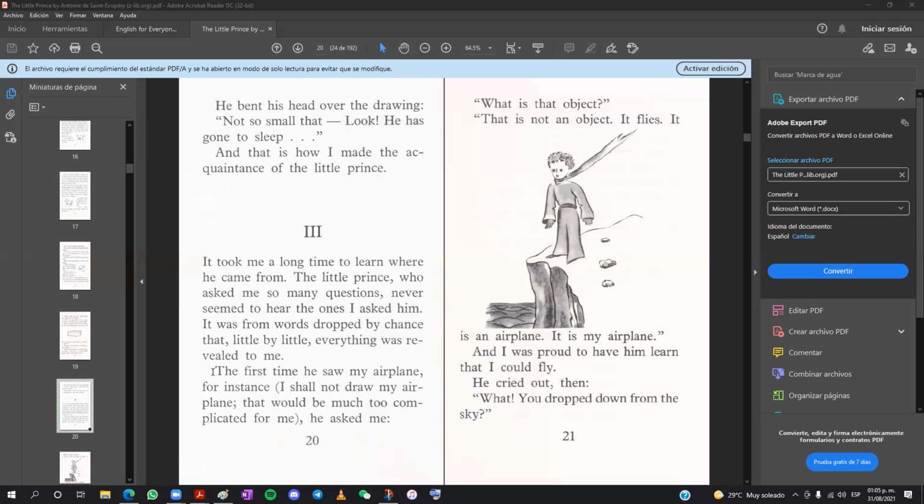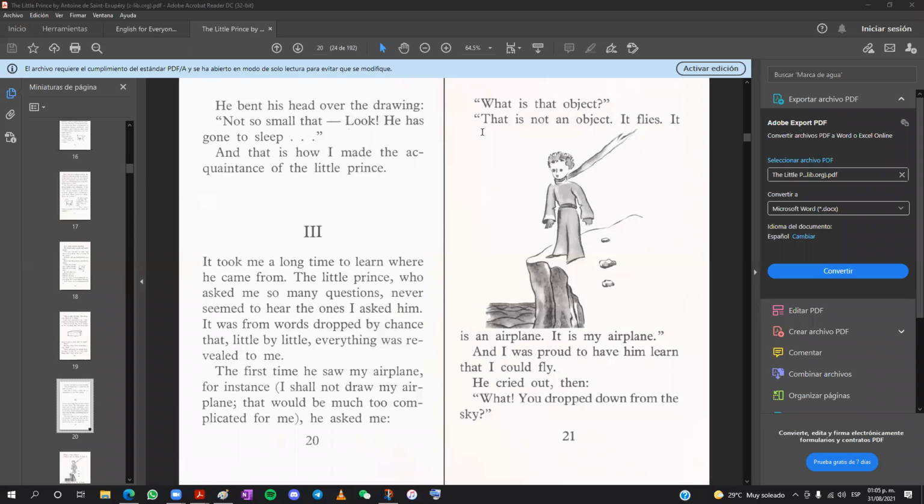Yo, profe. Adelante. The first time he saw my airplane, Saw my airplane, uh-huh. for instance, I shall not Mhm. draw my airplane. Mhm. That would be much too complicated Mhm. for me. He asked me, what is that object?